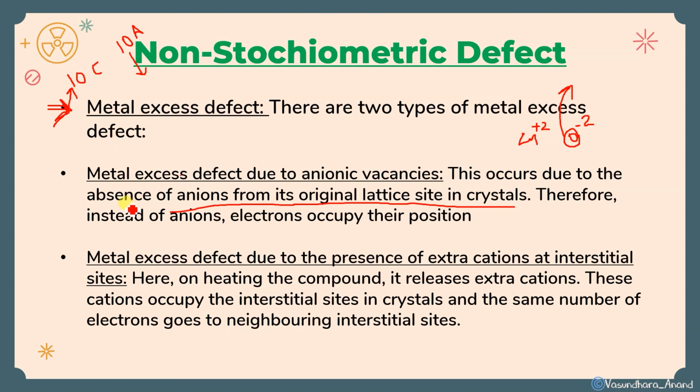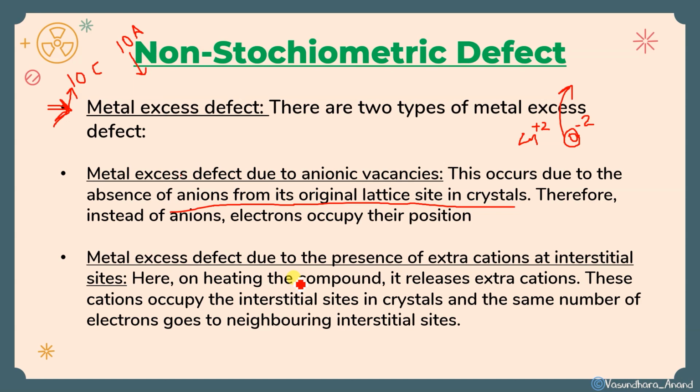Yes? चलिए. And the another way which I have explained that cation को एक increase कर दूंगी. So metal excess defect due to presence of extra cation at interstitial site. इसमें क्या होगा? जो fixed है वो तो fixed रहेगा. साथ साथ interstitial पे एक और cation आके fit हो जाएगा. Got it?